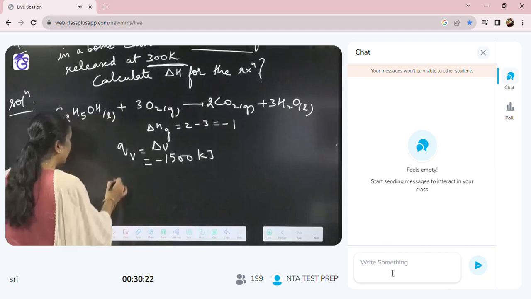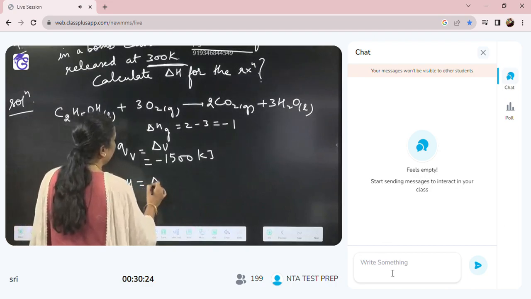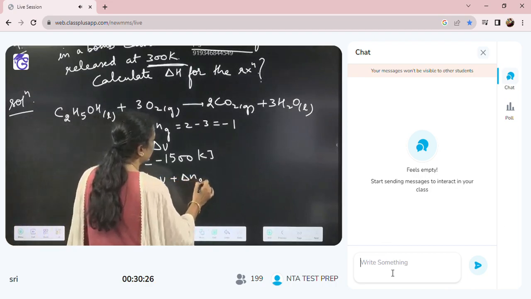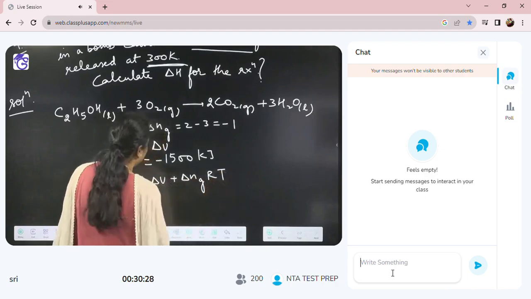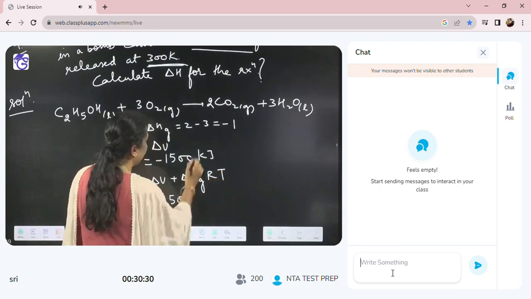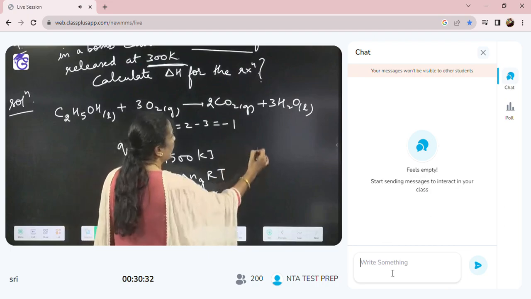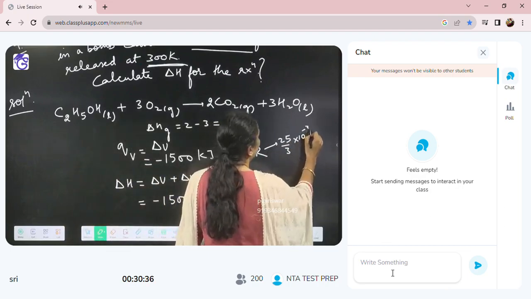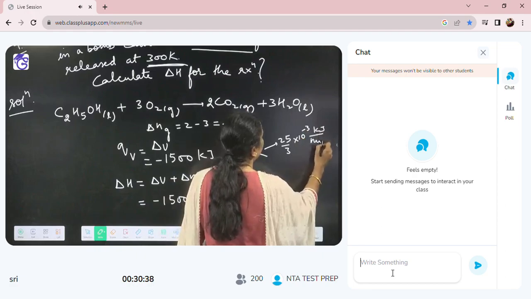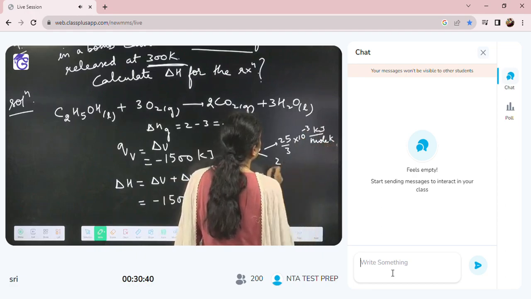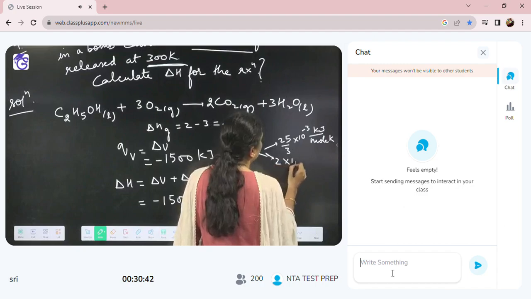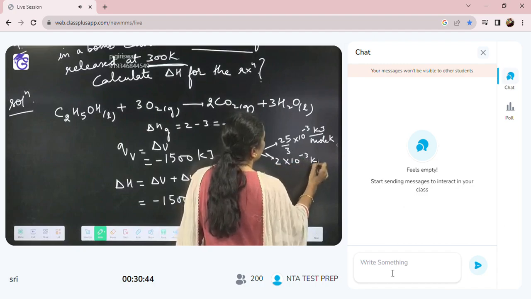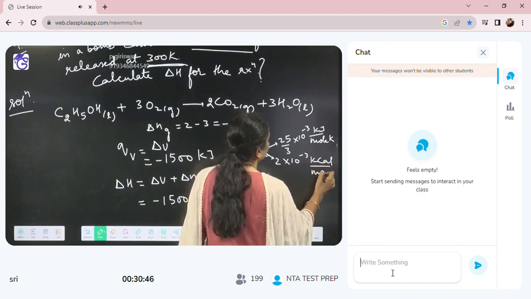Now delta H is equal to delta U plus delta Ng RT you have to go for. Delta U is minus 1500, delta Ng is minus 1. R value you remember carefully, 25 by 3 into 10 raised to power of minus 3 for kilojoule per mole Kelvin, and 2 kilocalorie, that means 2 into 10 raised to minus 3 kilocalorie per mole Kelvin.